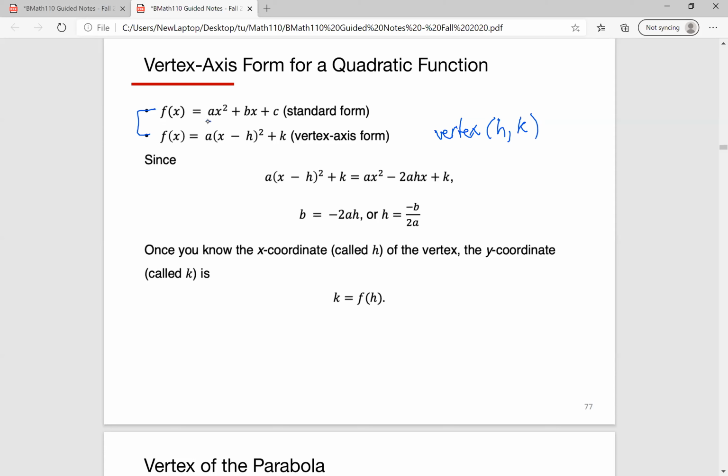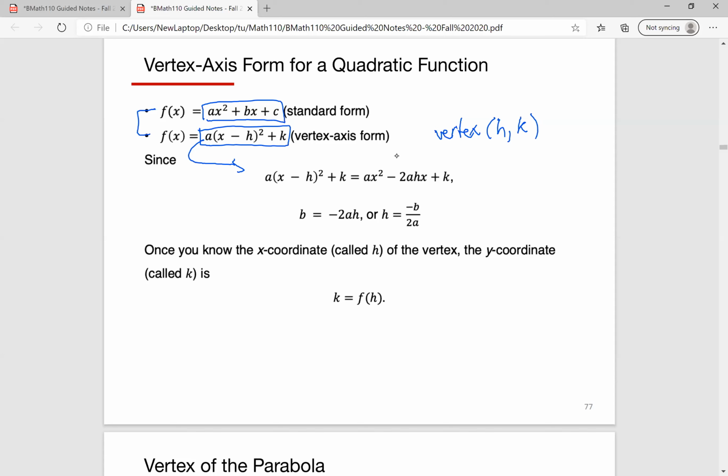So I'm going to make this one equal to this one. Then the new equation is a(x minus h) squared plus k equals ax squared plus bx plus c. Actually, I need one more step here for you.